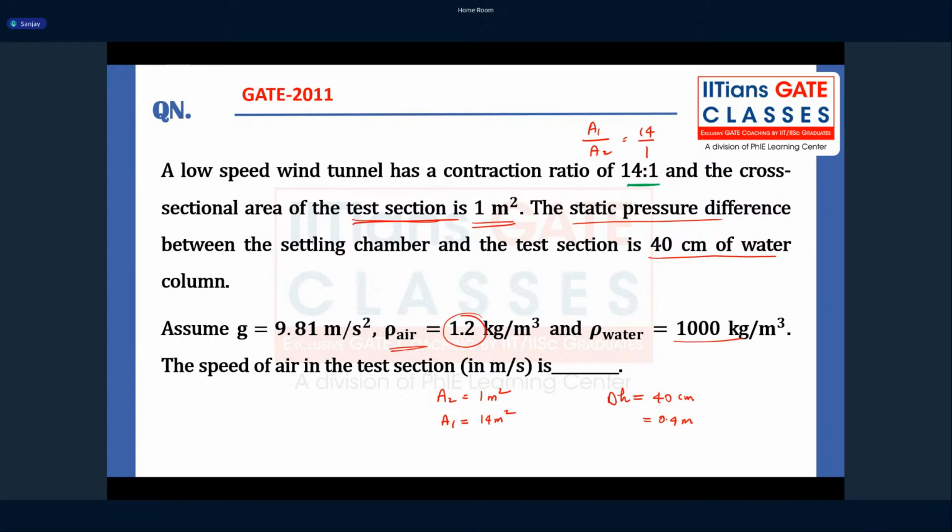What is the speed of air in the test section? Can you guys find out? Can you calculate and let me know the answer? We have just seen the formula, right? How to calculate the speed of the air in the test section. Please do that and let me know what is the answer that you get. It's the same formula that you have to use.